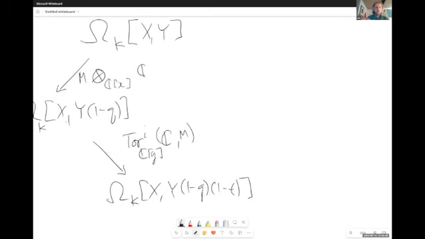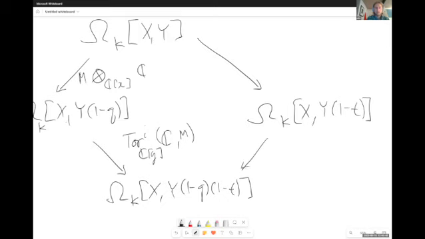But now I can ask, what if I do this? I can do this in either order. So I could also have done plethysm in the t variables first on the y side. So this would be M tensor over C of y, and then I could take the derived tensor product over C of x.